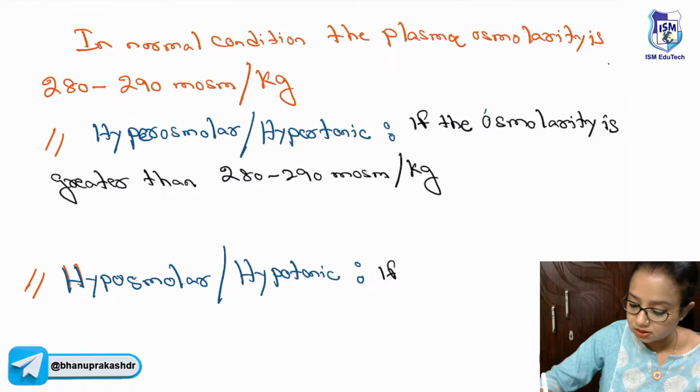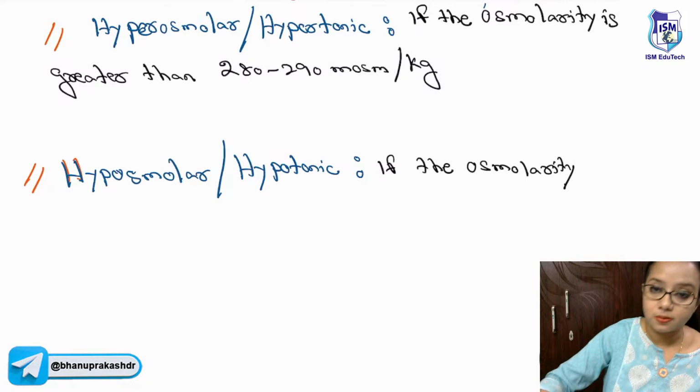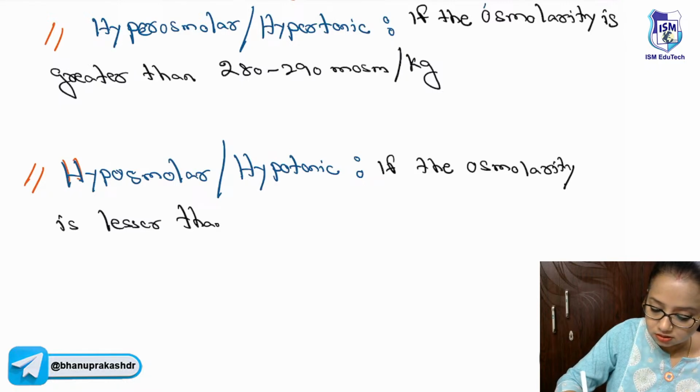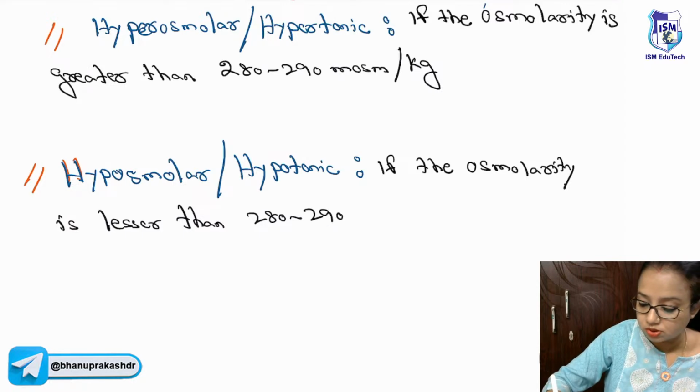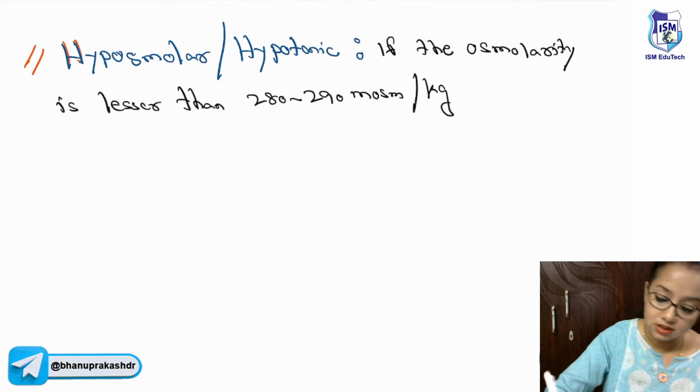Just the opposite. If the osmolarity is lesser than 280 to 290 milliosmol per kg, then we call it hypoosmolar or hypotonic.